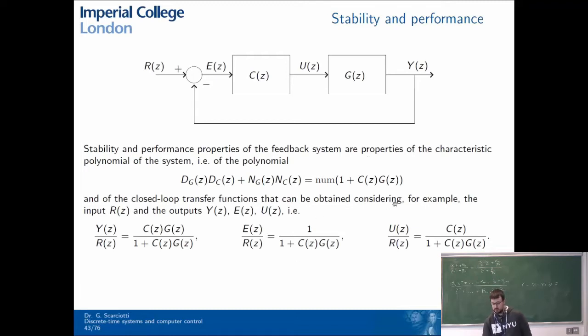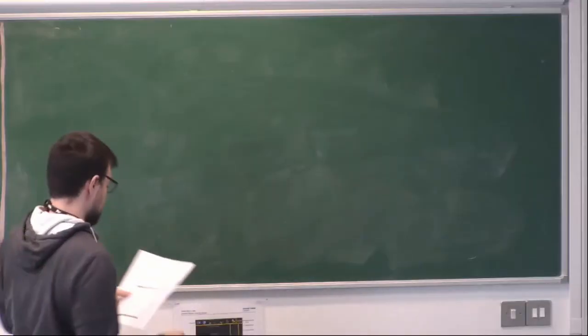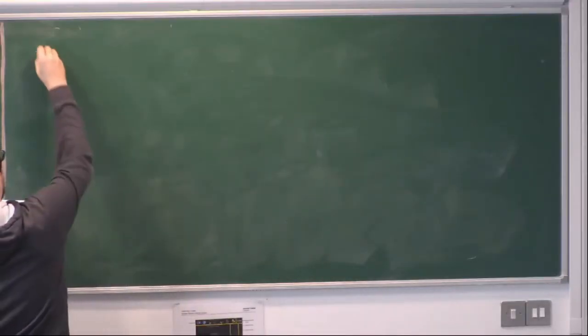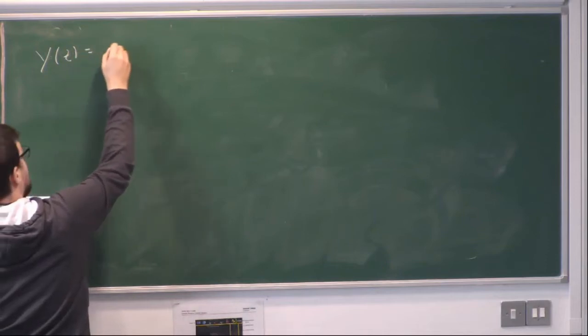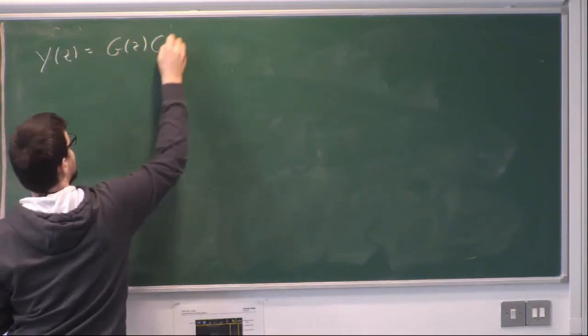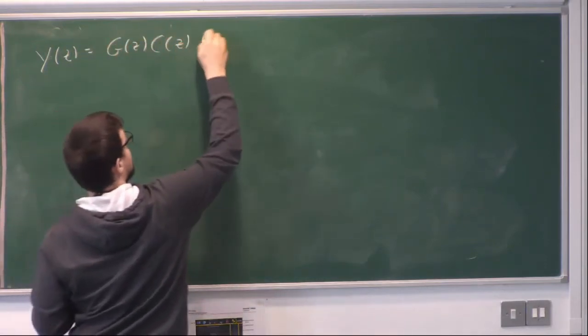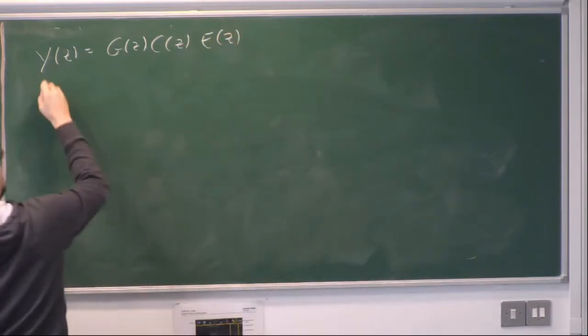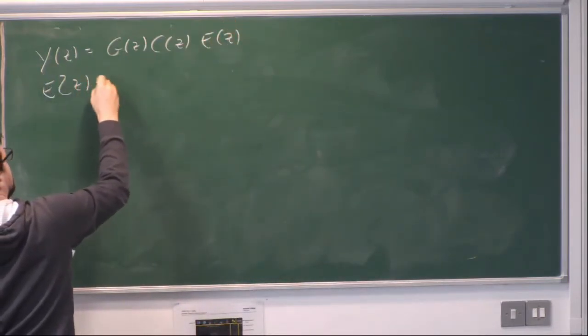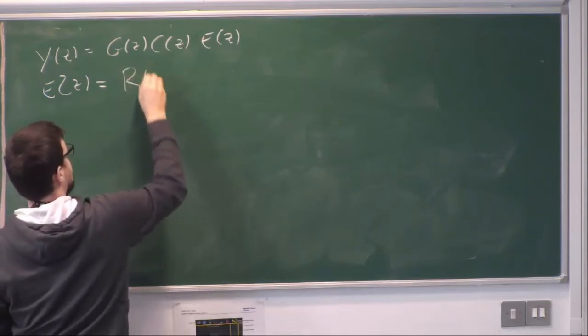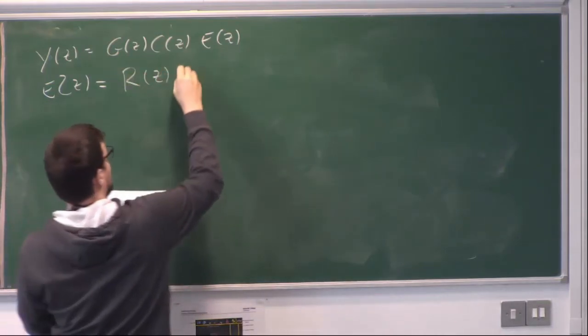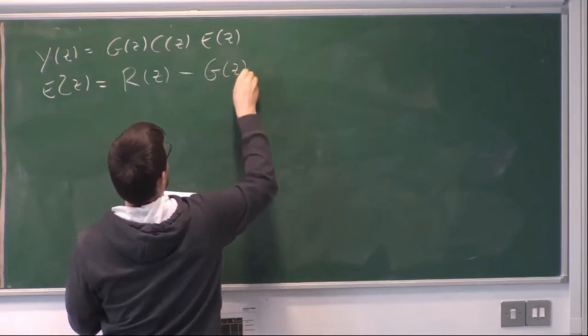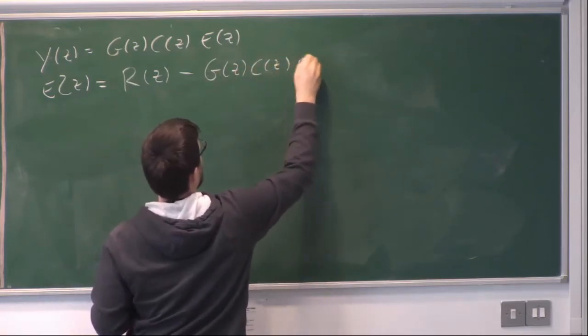So what is this polynomial? Again, this should not be something new because a similar polynomial is obtained also in continuous time. So to see this, let's look at the board. If we solve our scheme, we see that y of z is equal to g of z times c of z times e of z, and e of z is equal to the reference minus the output, but the output we say is g of z, c of z, e of z.